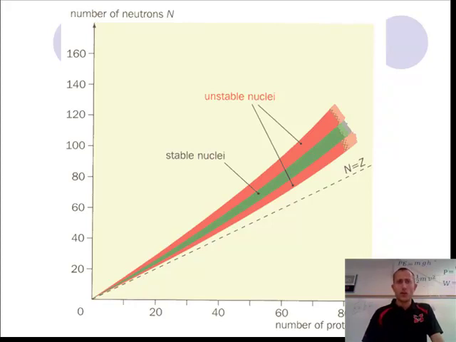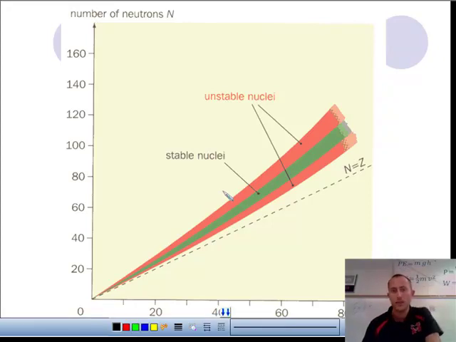Now, if you look at the chart here, this is a chart of the number of protons versus the number of neutrons. And looking at this, we can notice a couple of interesting things. This dotted line here is the line that represents the number of neutrons equaling the number of protons.